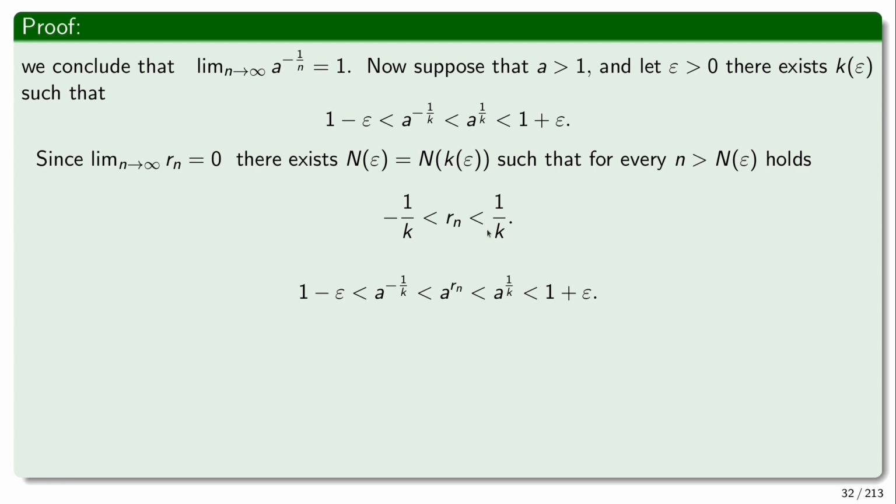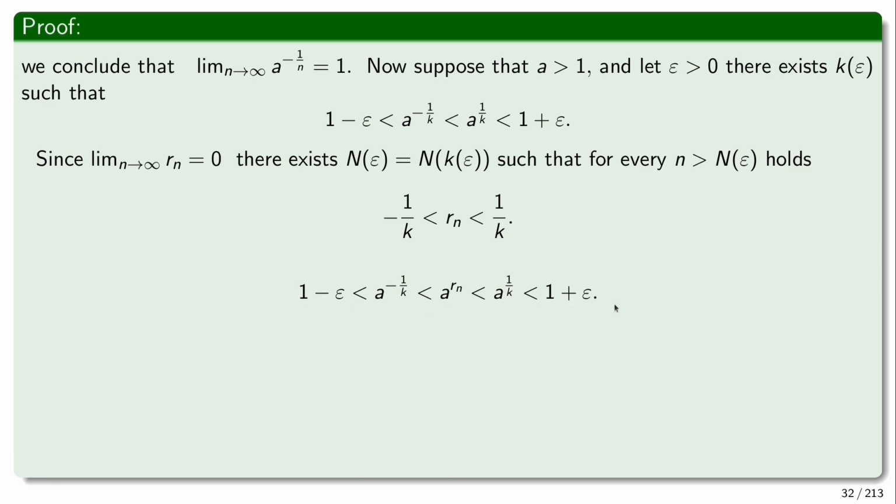Therefore, again we are invoking the property of the rational exponents. Since a is greater than 1, and all those numbers are rationals, we know that the bigger the exponent, the greater the value.